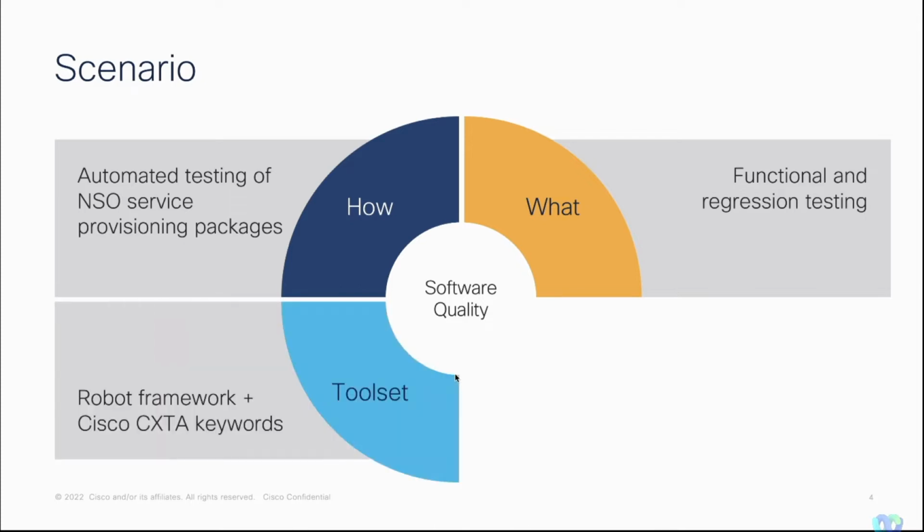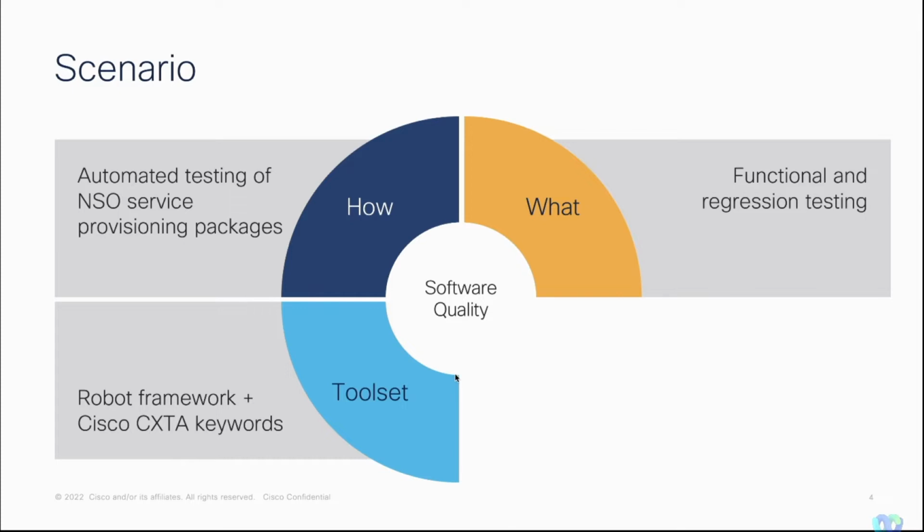The tool that we use is Robot Framework, a well-known framework for testing automation. And on top of that, we use some keywords of the Cisco CXTA library. The Cisco CXTA library is a library of keywords, which is part of a Cisco CX service offering for testing automation.